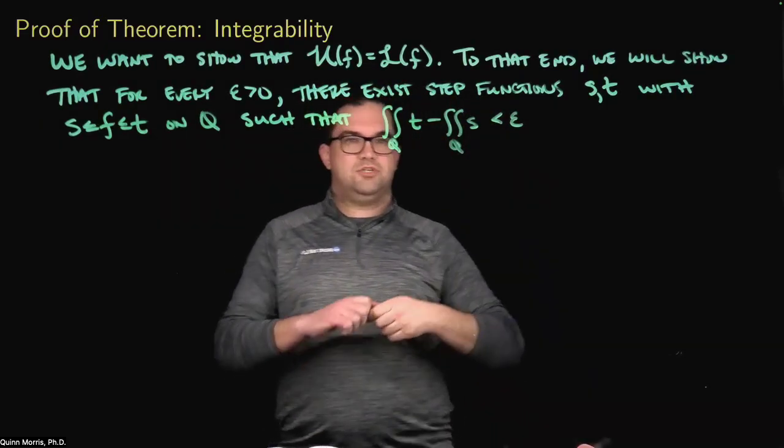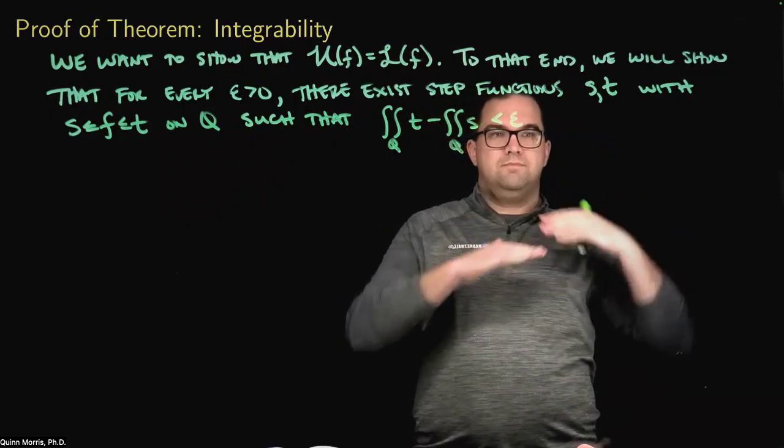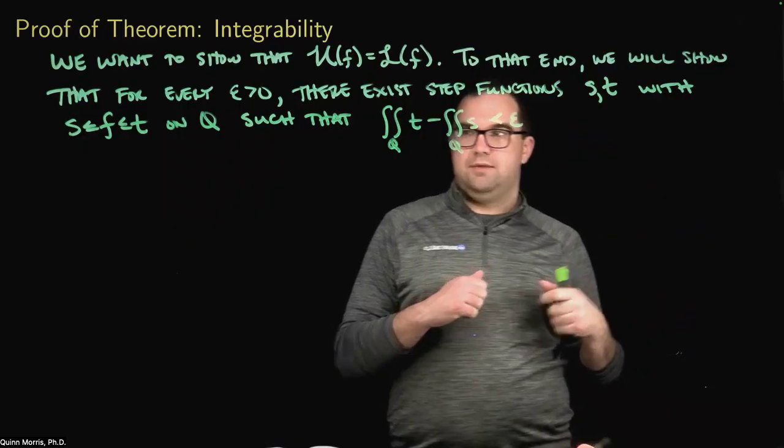So for every epsilon, I want to show I can find two step functions so that the difference between their integrals is less than epsilon.